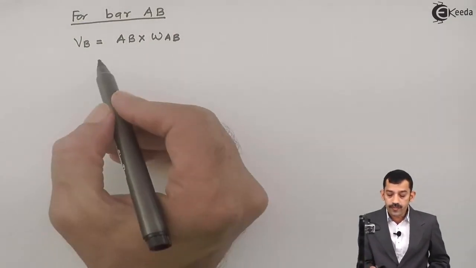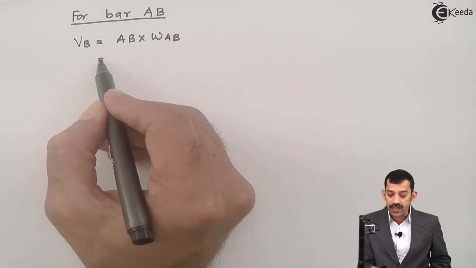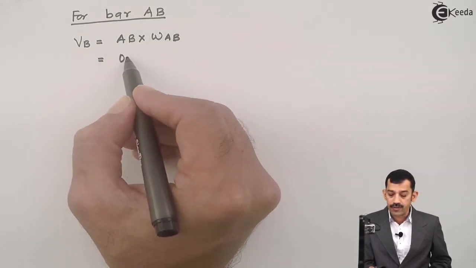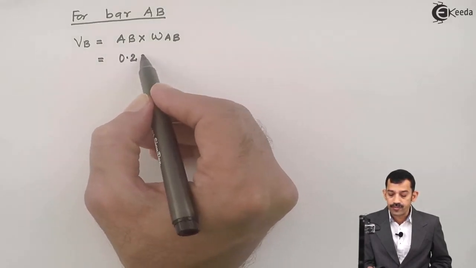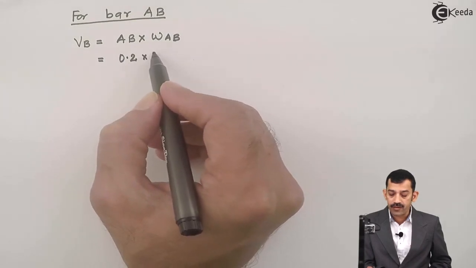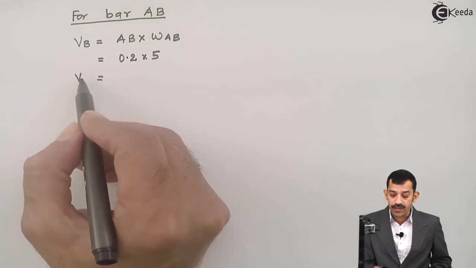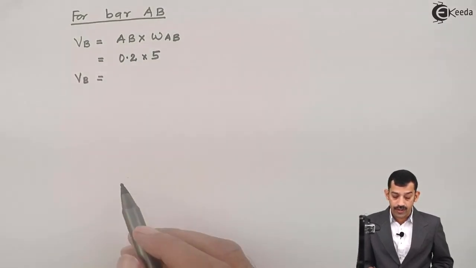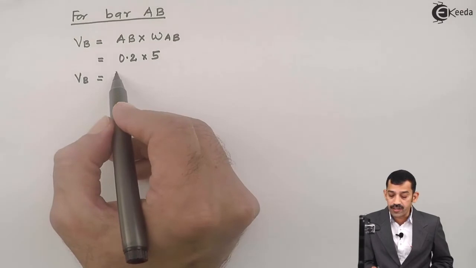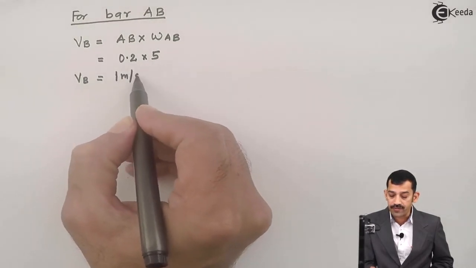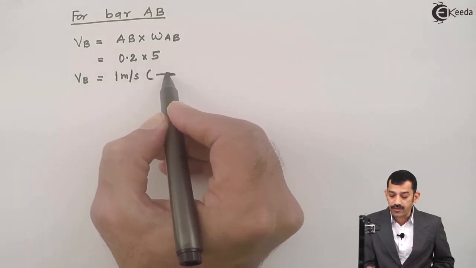AB length is given in mm, 200 mm. I'll substitute in meters so that this is 0.2 into omega, given as 5. Therefore, linear velocity of point B equals 0.2 into 5. That means we get 1 meter per second, and the direction is rightward as we represented in the figure.